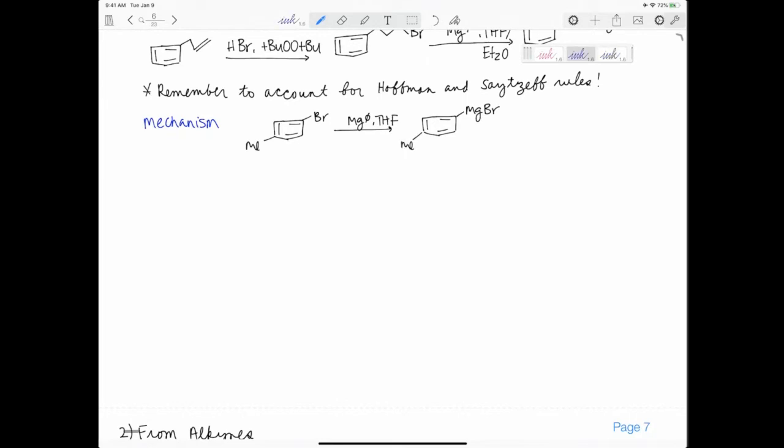Okay, so what happens is that when you have your starting material here, remember magnesium is in group 2, so it has 2 valence electrons. And what's going to happen is that it's going to transfer 1 electron to the molecule. Not really specific to bromine, but this is usually just how we draw it.